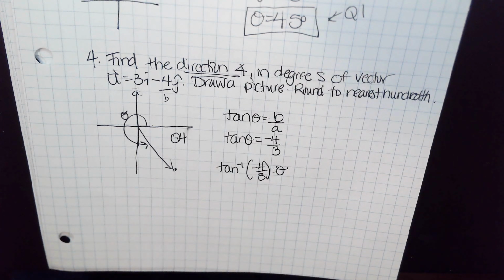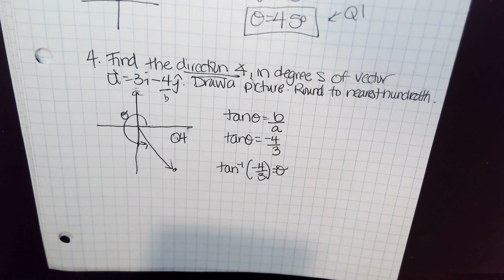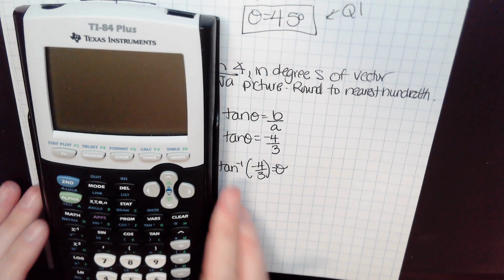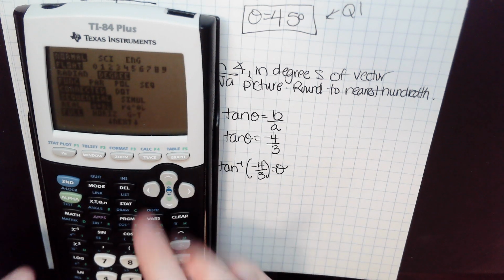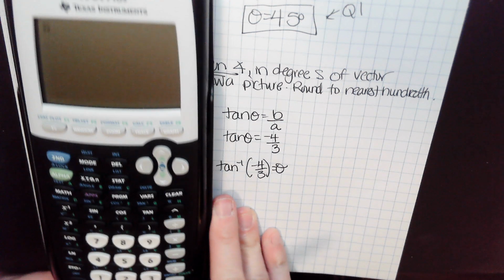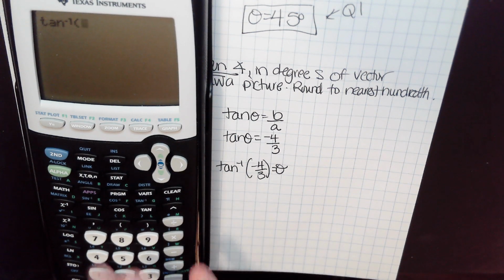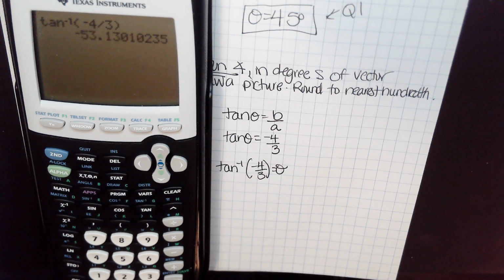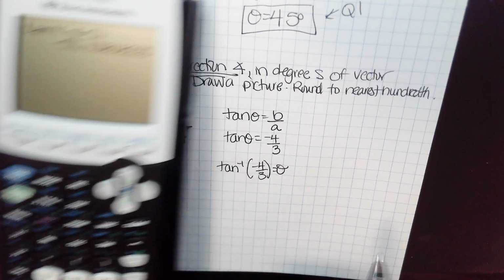And this one, especially since it says to round to the nearest hundredth, we're going to go to our calculator. And I want to make sure I'm in degree mode here, which I am. If you're not, make sure you switch it. I'm going to hit second tan negative 4 over 3. And I'm going to write that answer out.